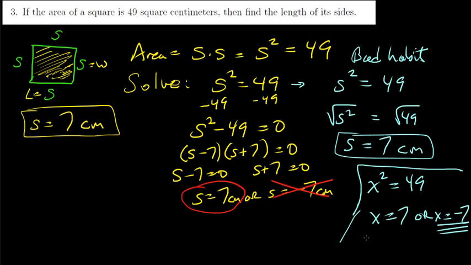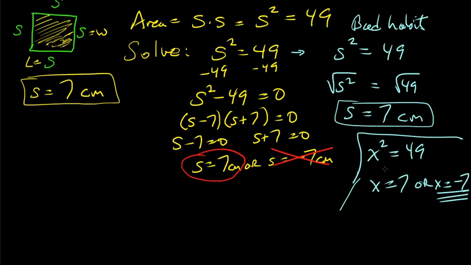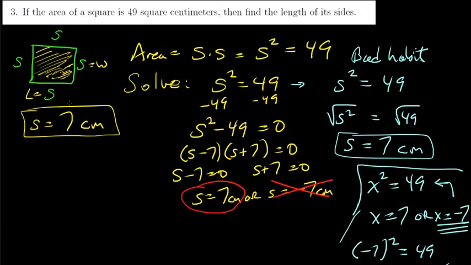It's a perfectly good solution. In fact, you can check. If I take negative 7 times negative 7, I get 49. Right? So it is a solution to this equation. It's just that one that we discounted in the word problem because length is not a negative number.